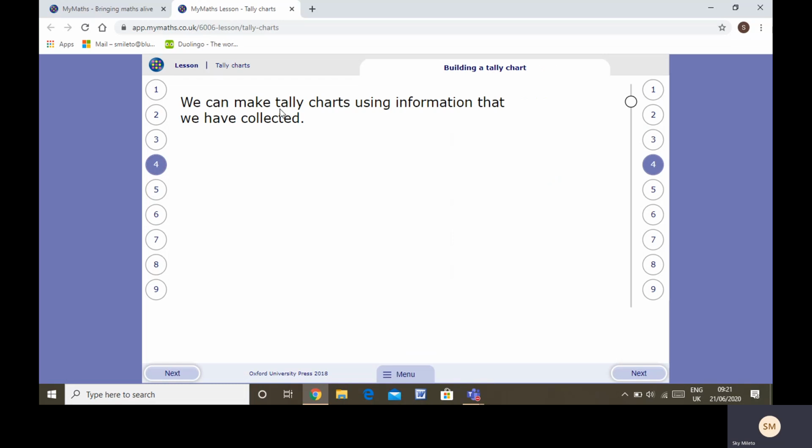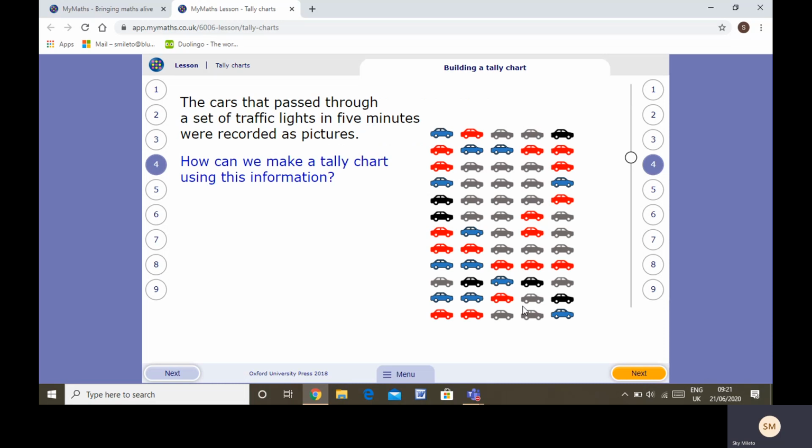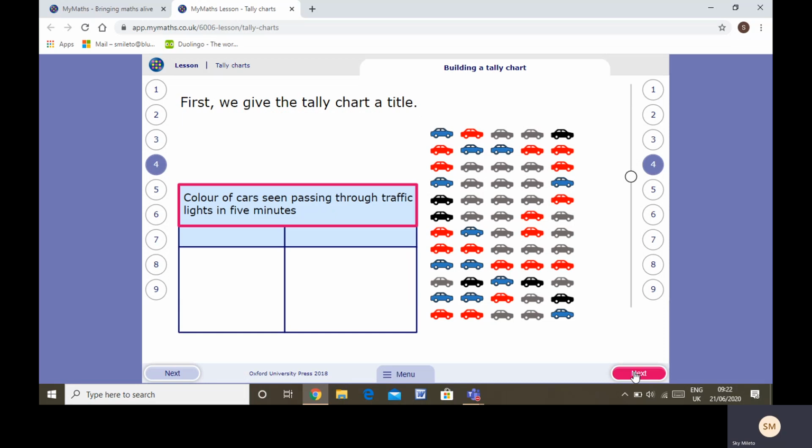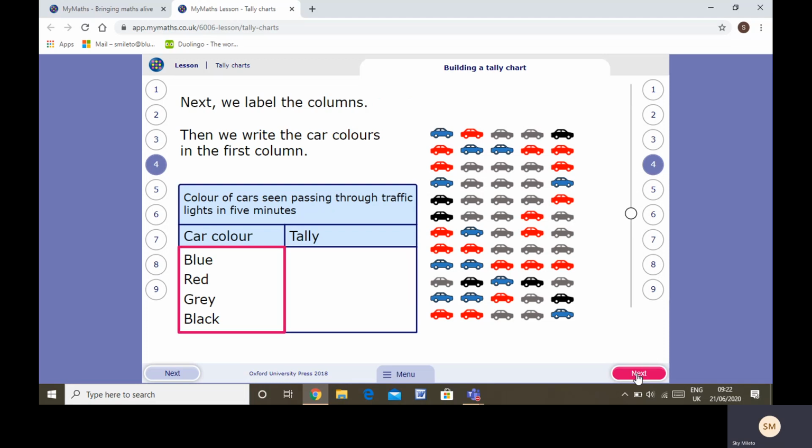So we can make tally charts using information we've collected. So one about cars. We've got lots of different cars here, and all these cars passed through traffic lights and they were recorded. So we need to write down which colours of cars we can see and how many. We've got blue cars, red cars, grey cars, and black cars.